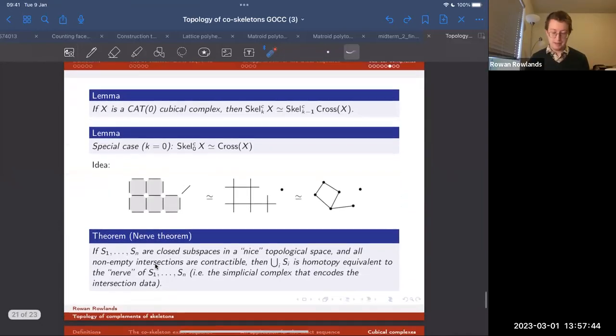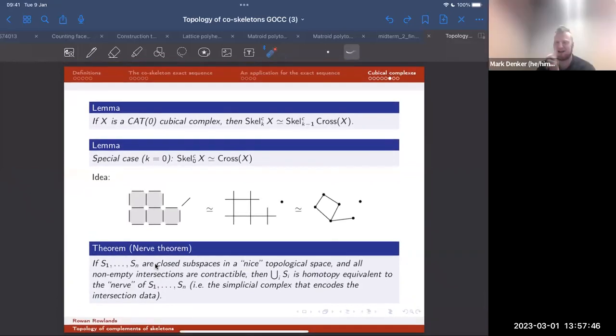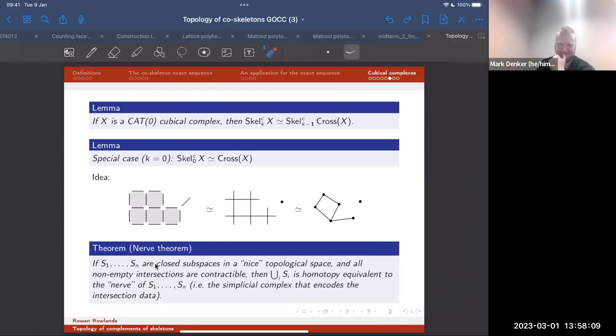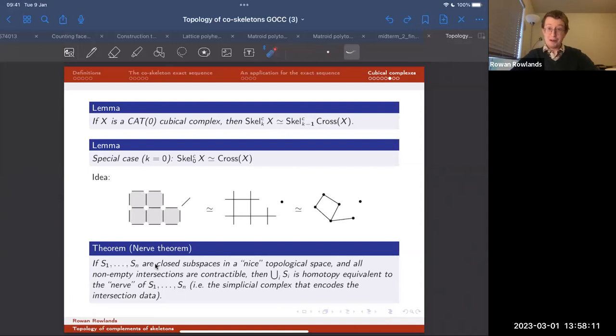But it's the second step, where I can use the nerve theorem. The first step really applies to any cubical complex, but for the second step you do need something very special about the complex. The nerve theorem is broad, but it does have conditions. It's a very useful theorem. I'd probably put it in my top 5 favorite theorems.